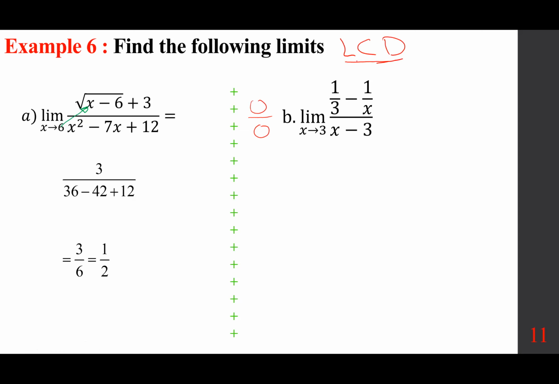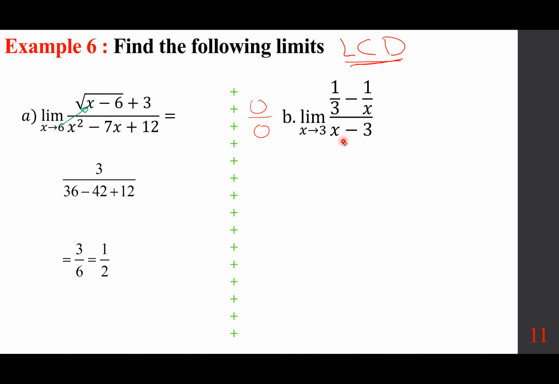The technique is LCD, the least common denominator, which means what? You look at the numerator, we have 2 fractions, no more. So for those 2 fractions, we come up with the LCD. If we have 2 more in the denominator, a total of 4, then you come up with the LCD for a total of 4.